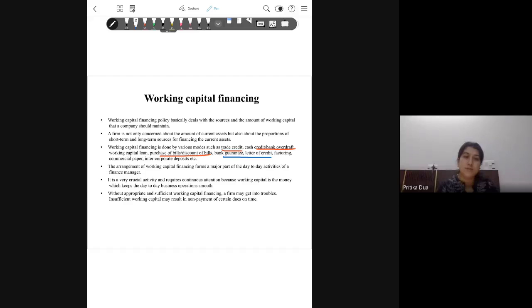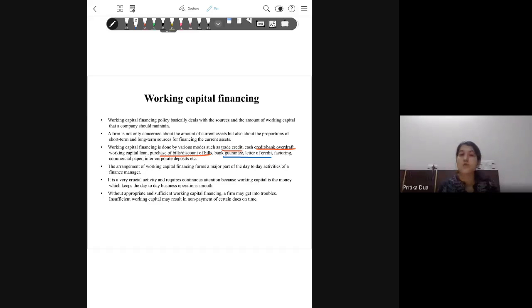Next term used is commercial paper. Now, commercial papers are money market instruments which help corporates to raise money for a short period of time. Okay, so for the timing, just understand that this is also having a maximum duration of up to 1 year.